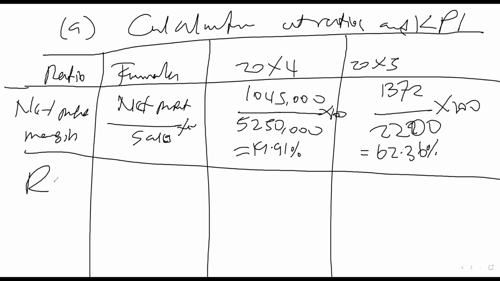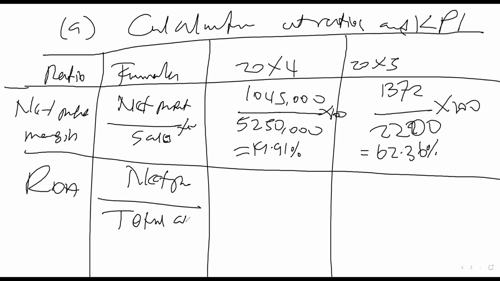Then the return on assets is equal to net profit divided by total assets. Please, this is the management accounting formula. We beg you. Per the information given to us, for those doing financial reporting, the return on assets should be net profit over net assets. So take note. But for management accounting, it is net profit over the total assets based on the information provided.